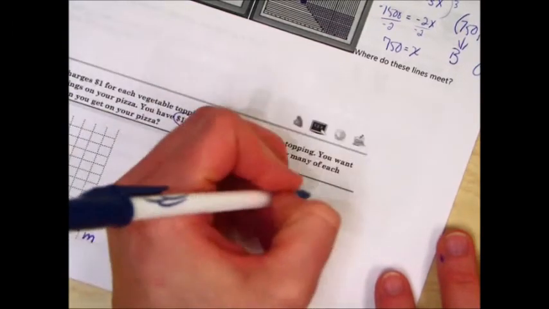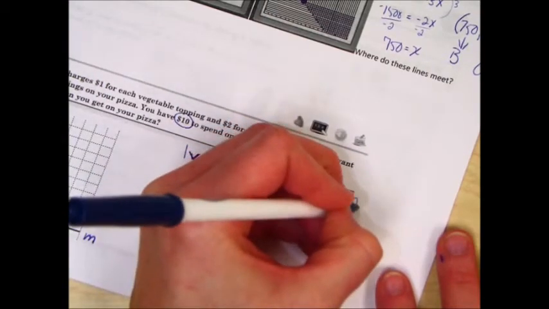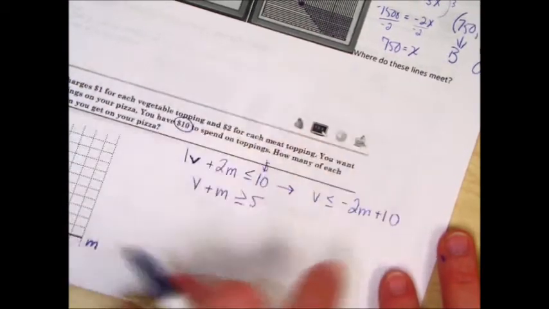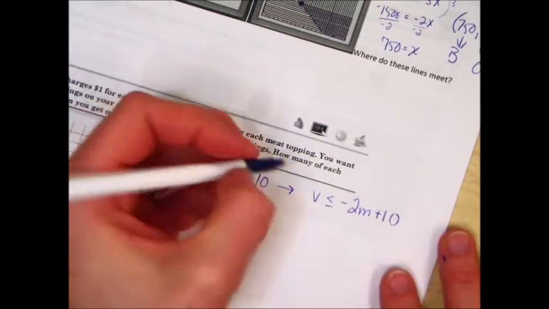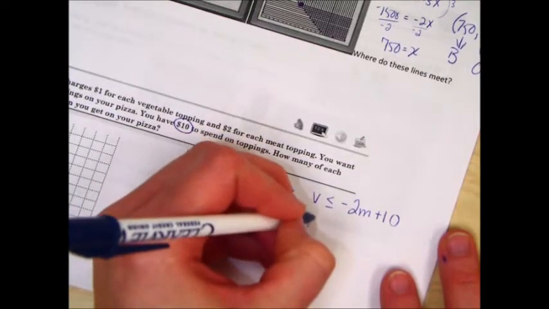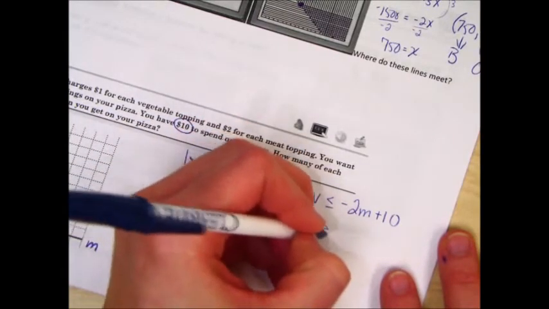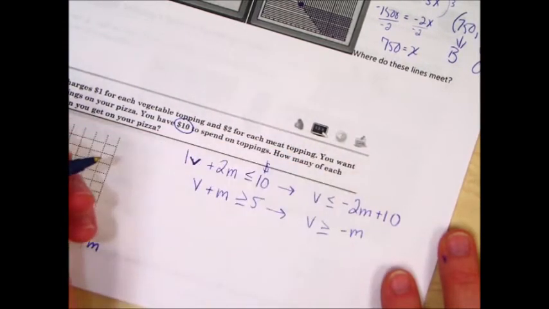So v is less than or equal to negative 2m plus 10. We now know how to graph that because it looks like y equals mx plus b. This equation will solve for v again. V is greater than or equal to, in this equation, take the m over, negative m plus 5.